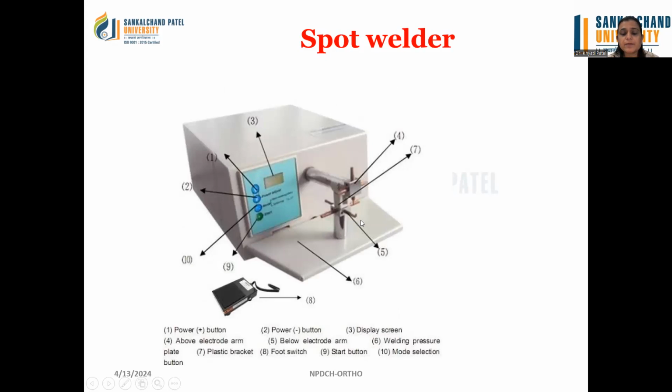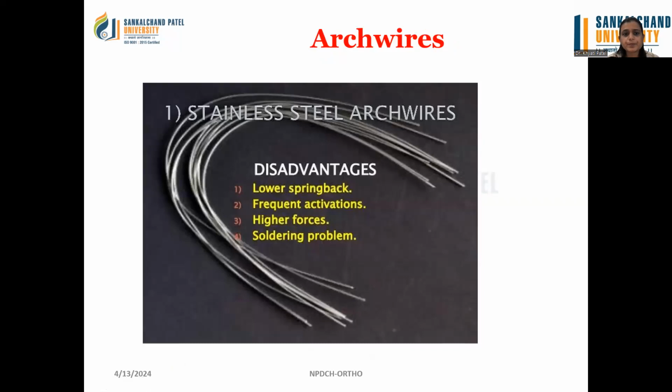This is upper one, this is lower one. And in between this, there is a generation of the heat between the electrodes. This is the fifth, a stable button, and we can use the start button. So this is a spot welder we normally use in dentistry and orthodontics to weld different types of metals.